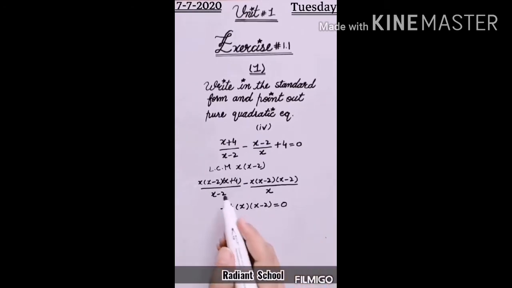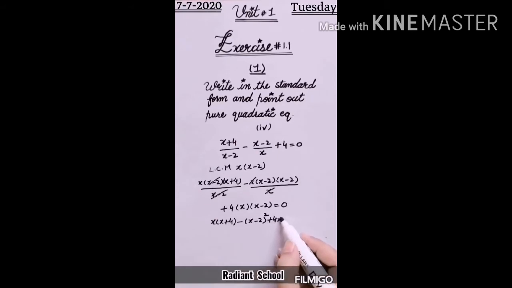Now we will cancel the factors that we can easily simplify. x will be cancelled. Here x plus 4 will be left, minus x minus 2, which occurs 2 times, so I will write the whole square, plus 4 multiplied by x will be 4x into x minus 2, is equal to 0.